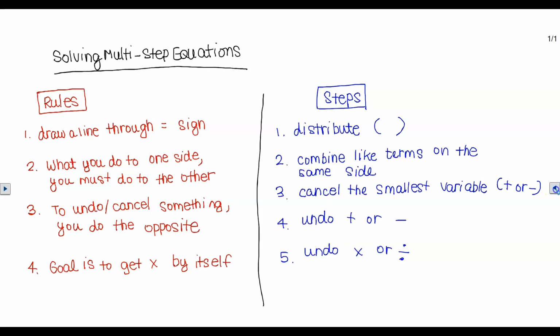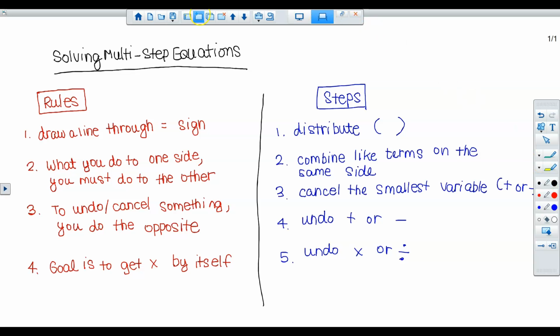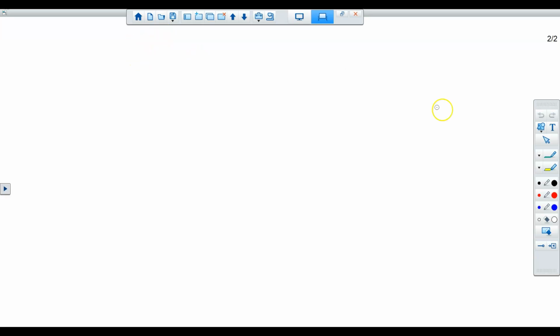All right, now we are going to do some practice problems, and this will also be your assignment for today. So here's what I want to suggest. I am going to put a problem up on the screen, and when I get the problem up, I'm going to give you a little bit of time to pause the video, and I want you to work that problem on your paper.